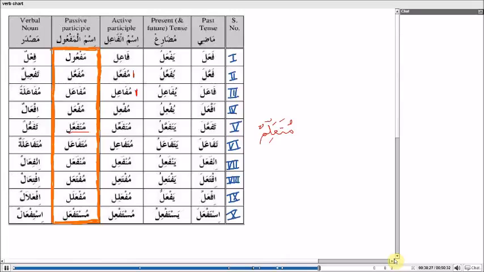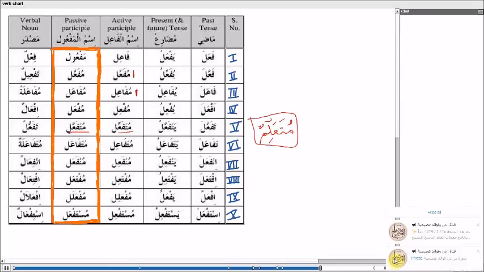Here, muta'allim is the fa'il. I can go back and ask, what is this word talking about? I don't understand muta'allim. I can go back to my form here and say ta'allum, and I remember ta'allama means to learn. So now I know the muta'allim is the doer of the learning. So that's the student.